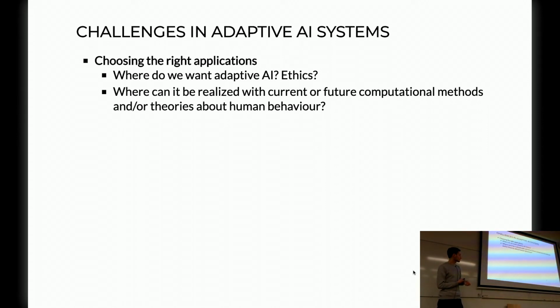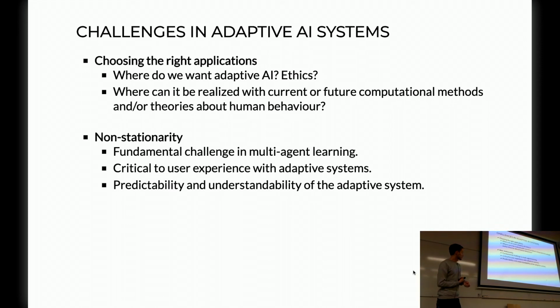And also, a good question is which kind of systems we can currently realize with the models we have, either computational models or theories of human behavior. In this work, we didn't really have very careful models of human behavior. It was more like setting up the computational framework.